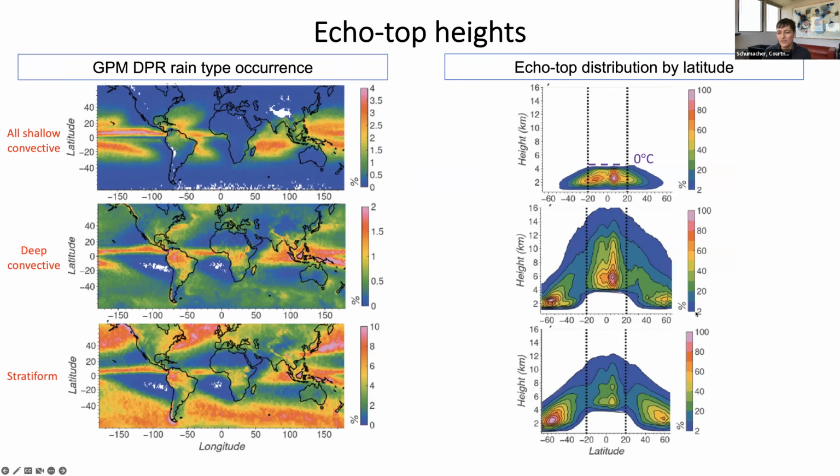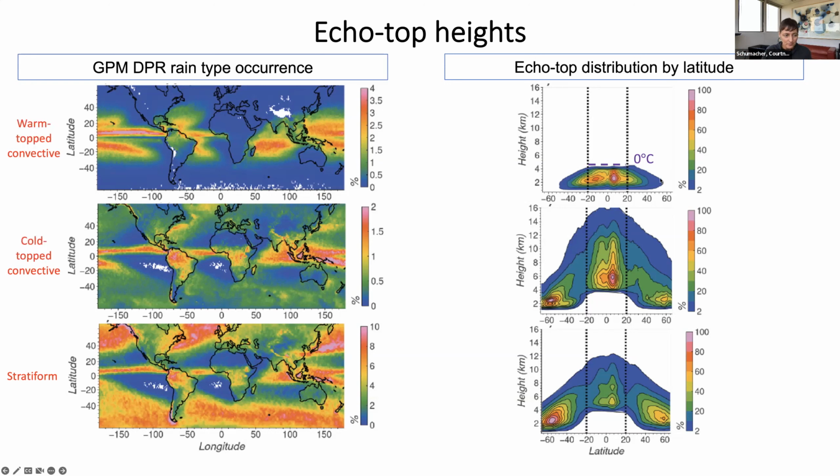This is cut off at 2%, so there are even higher tops. But the deep convection can get 16, 18, 20 kilometers in the tropics. The stratiform can also get quite high, 12, 14, 16 kilometers. And then it drops off because the tropopause is getting lower. It's also things like the 0 degrees Celsius level getting lower as you go into higher latitudes.